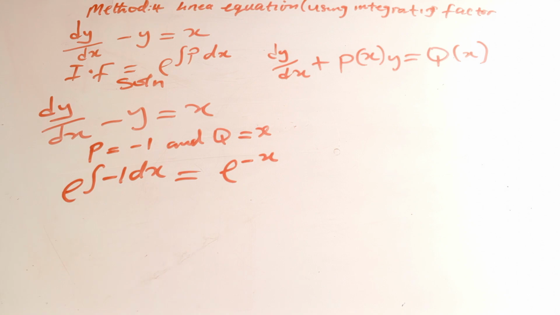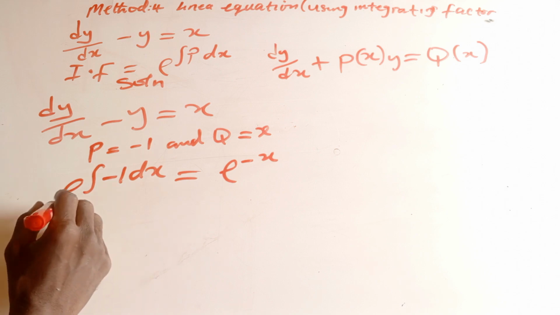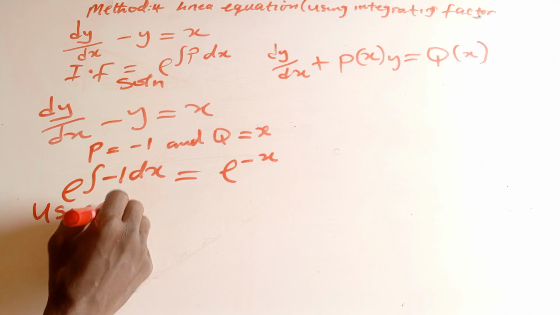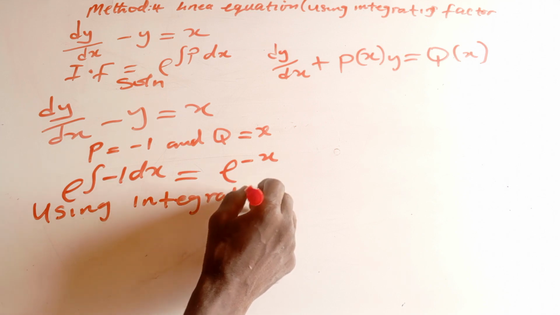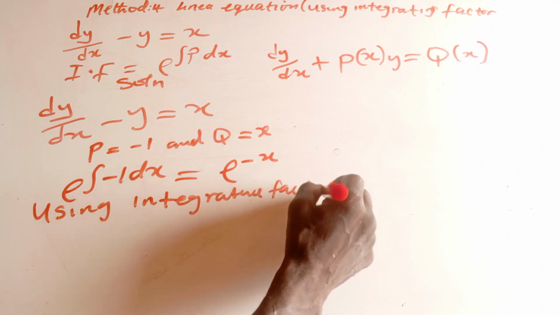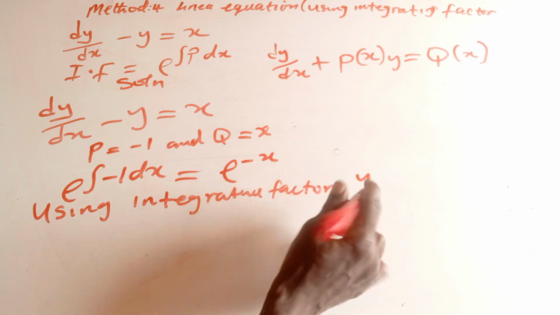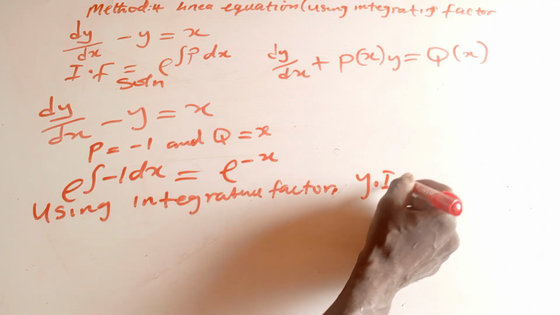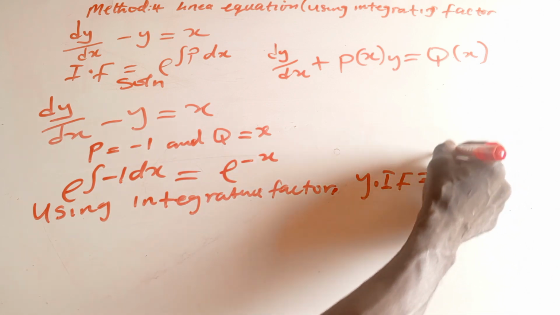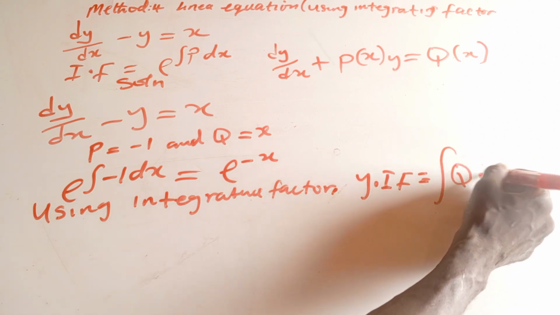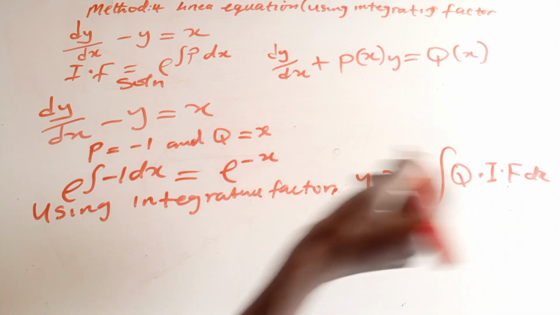Now we're going to use the integrating factor, which says y multiplied by the integrating factor is equals to the integral of q multiplied by the integrating factor dx.